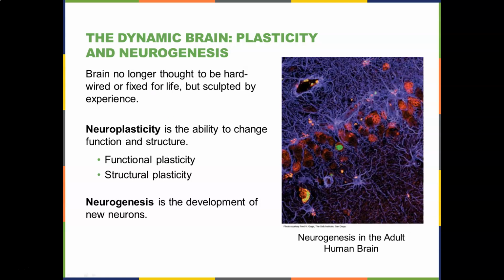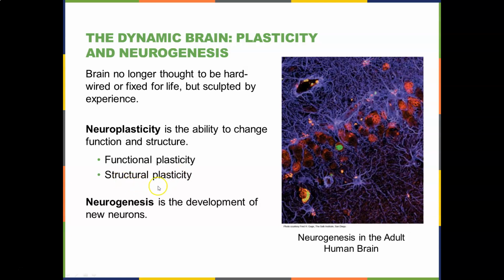And so that ability to change, roughly, is known as the word neuroplasticity. Okay, the ability to change function and structure. So function means basically one part, like if the brain normally functions in one way, but if another part is damaged, it can actually change functions and start doing something differently.